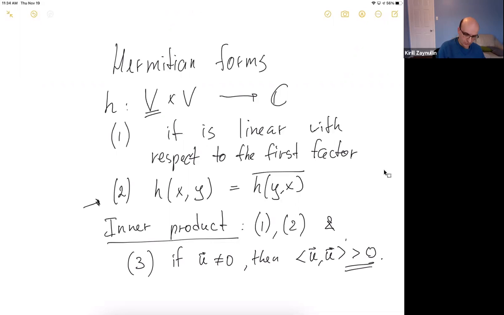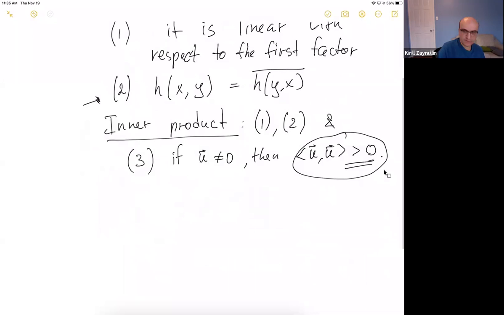This condition makes sense because, as we have seen, if you apply your Hermitian form to the same vector, you'll get a real number, so it makes sense to compare this real number with 0. Okay, so that was an inner product.